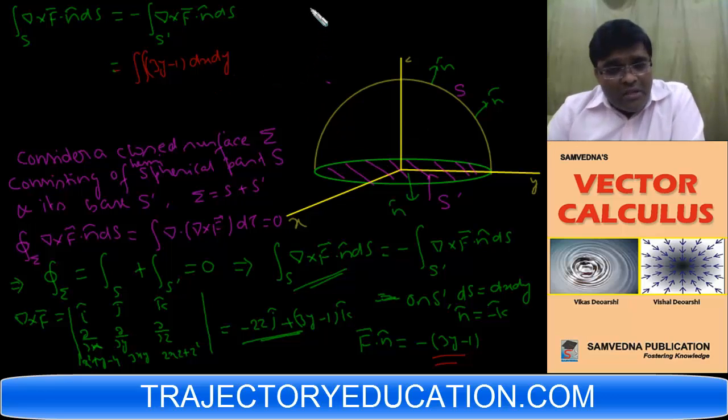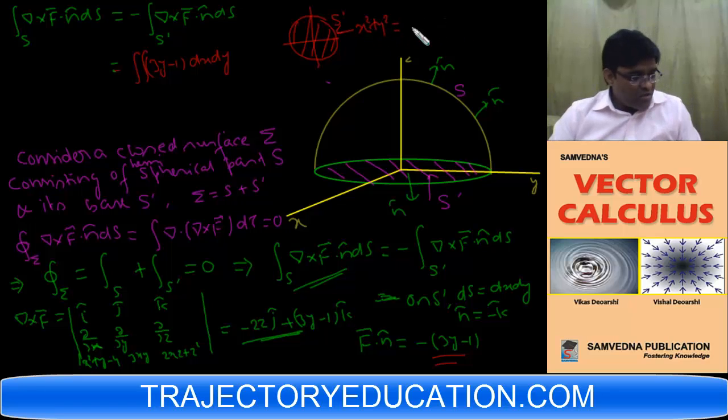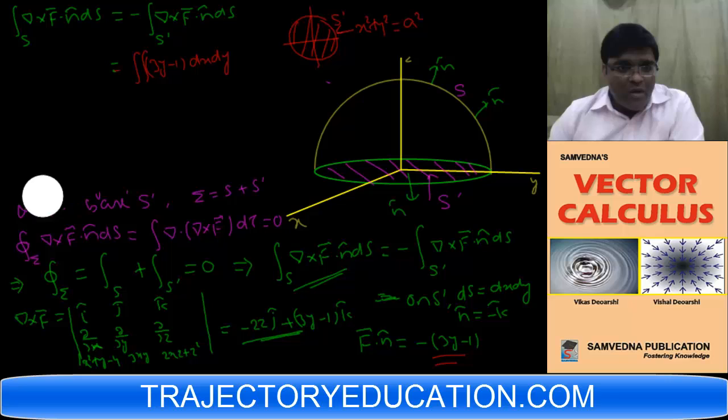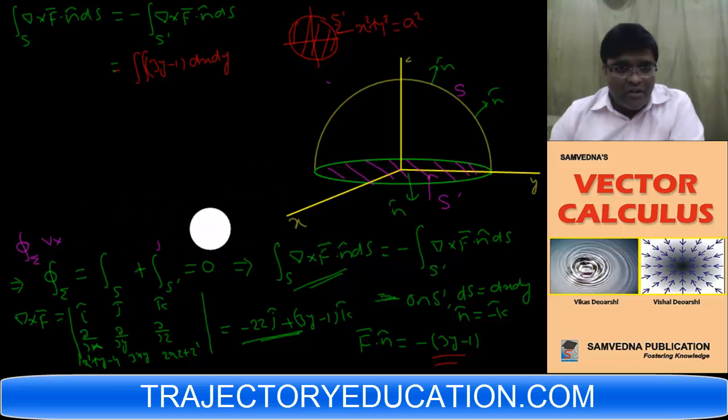So the domain of this double integral is the region bounded by S dash, right? And what is this region? This region is x square plus y square equals a square. Now this double integral can be easily evaluated in polar coordinates.